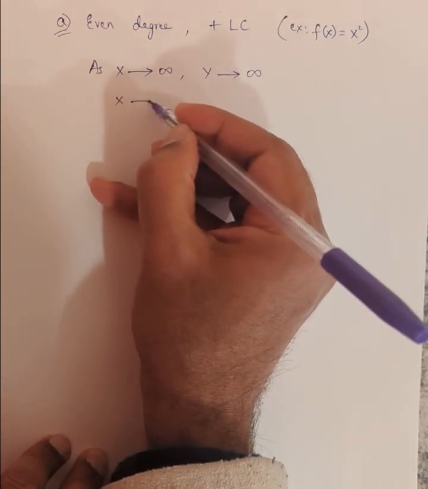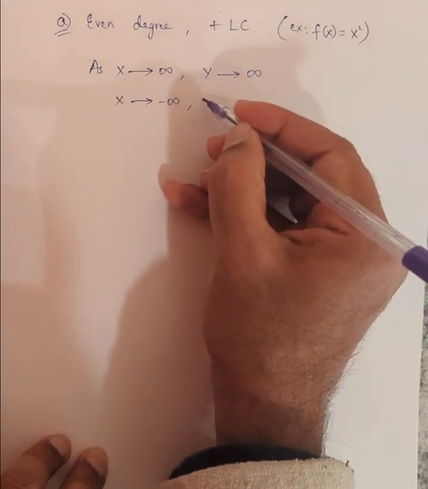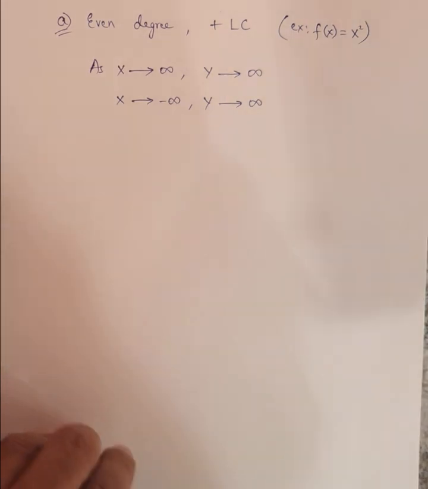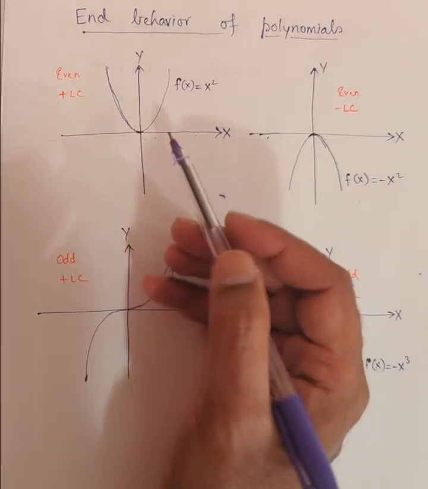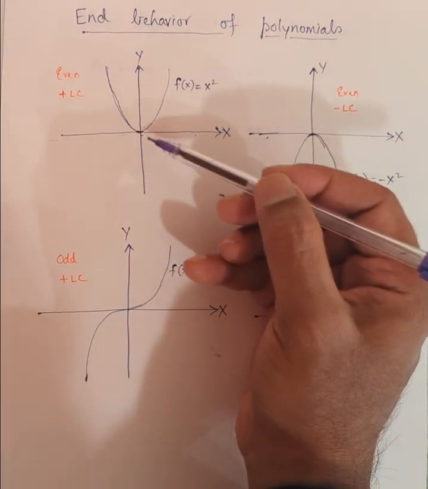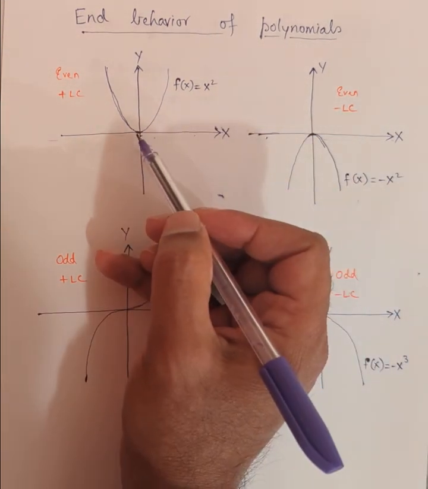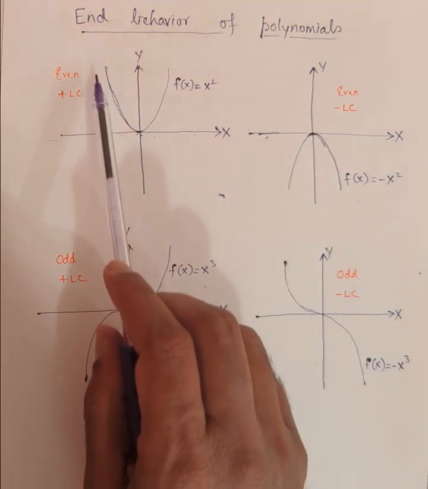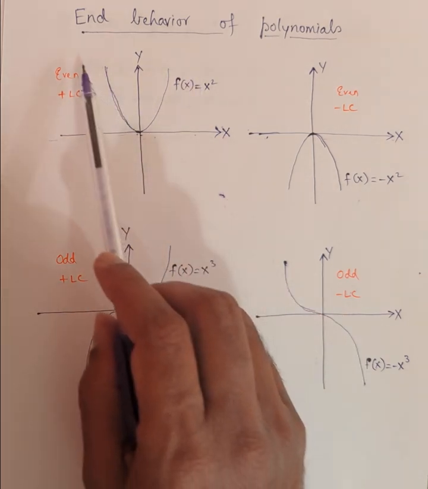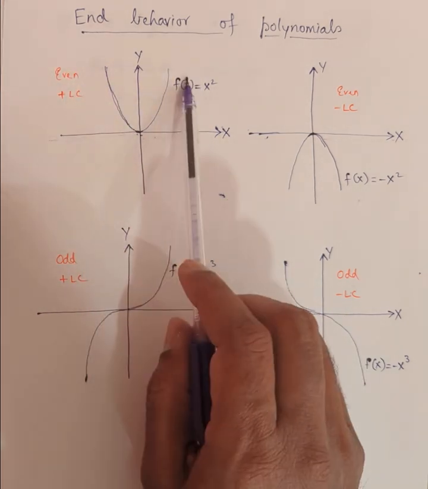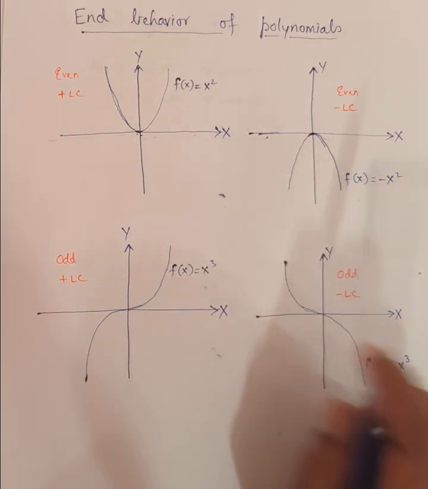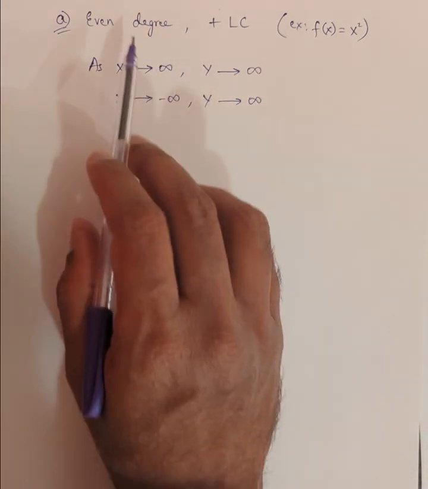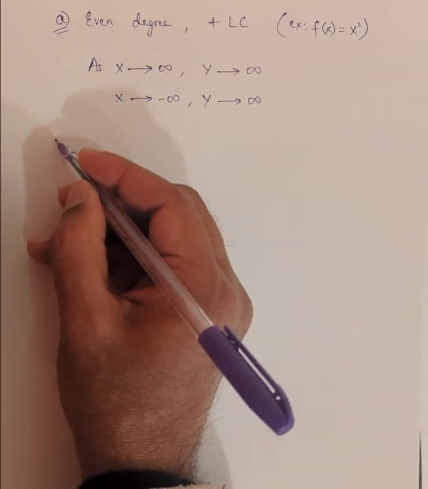And as x approaches negative infinity, y approaches positive infinity again. When you move far to the right, the graph is going higher. When you move far to the left, the graph is again going higher. So when you have even degree, it either goes to positive infinity on both sides, or it goes to negative infinity on both sides. That's what we are writing here for even degree, positive leading coefficient.